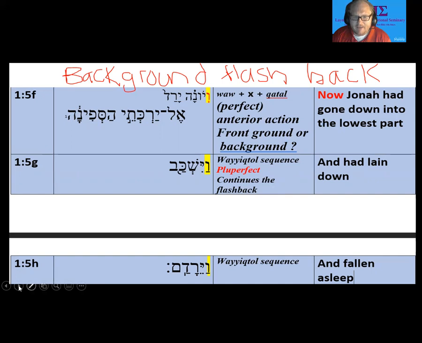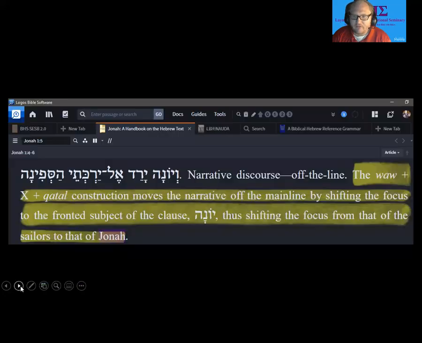And it's irony that the pagan sailors are more active and taking this more seriously, where Jonah is pretty much apathetic, not bothered by his conscience that he's in total rebellion against God. And falling asleep, we have that there.